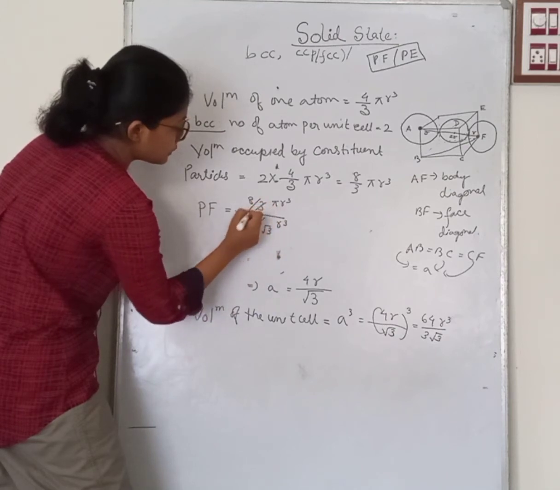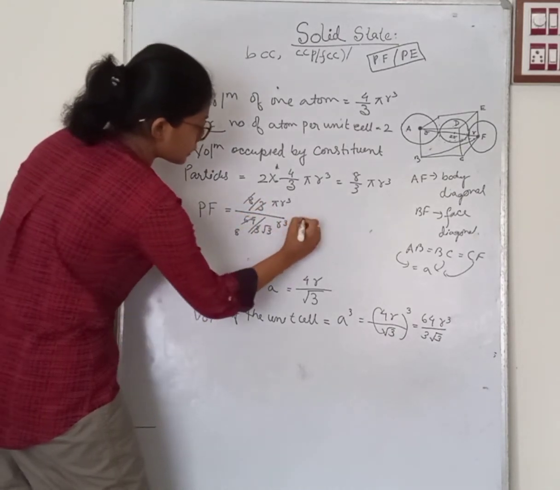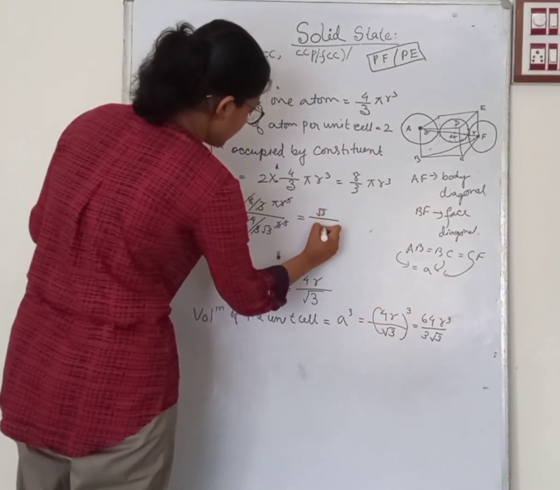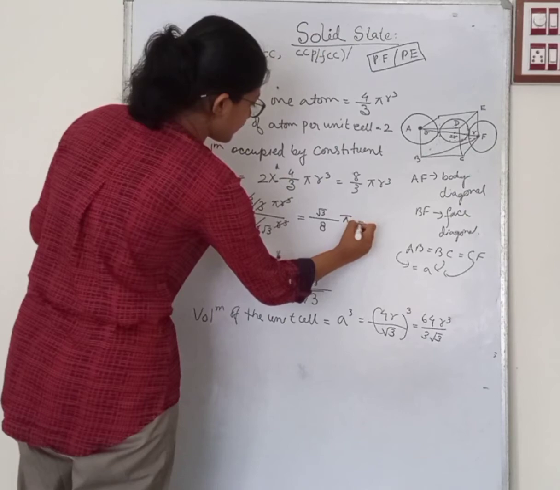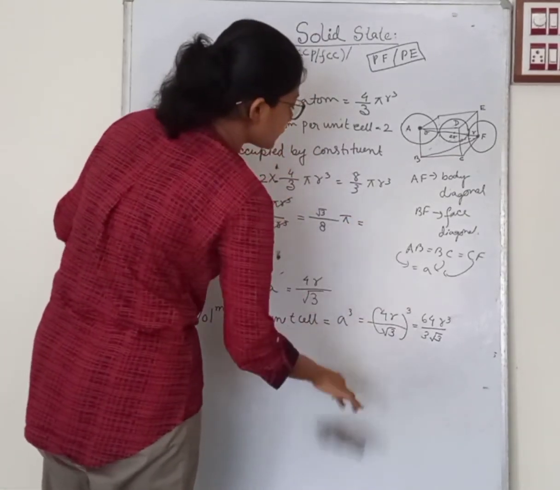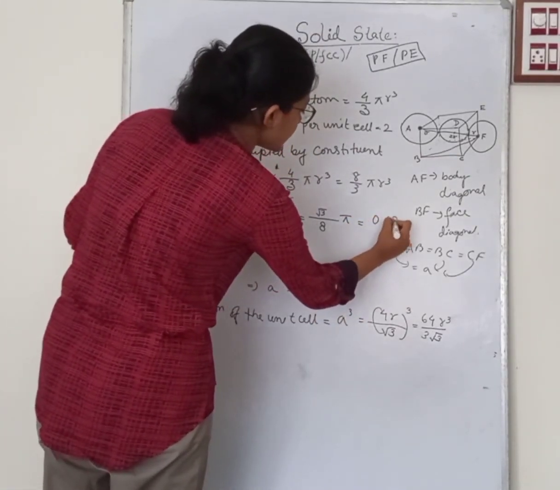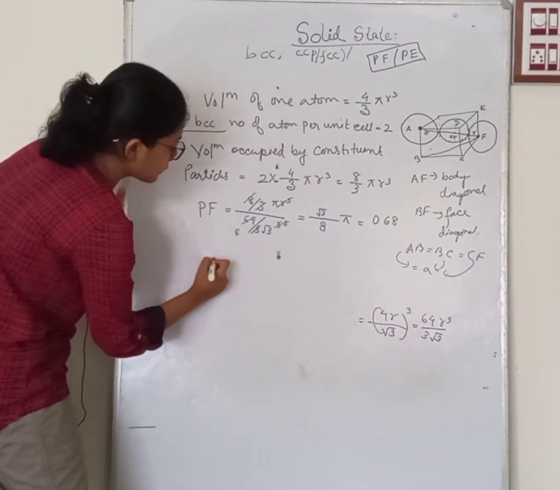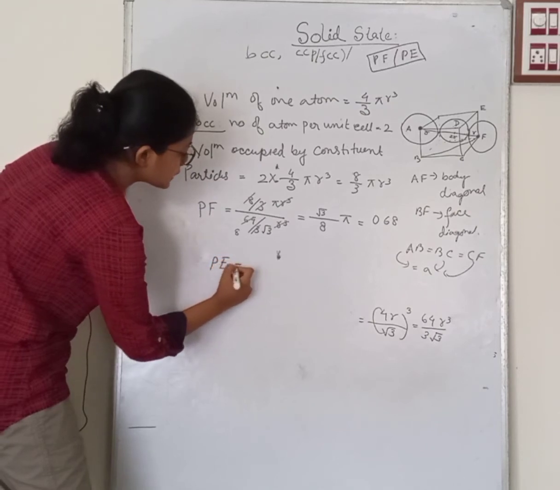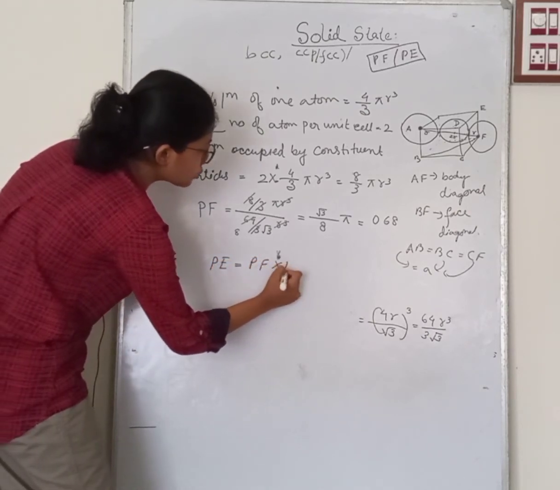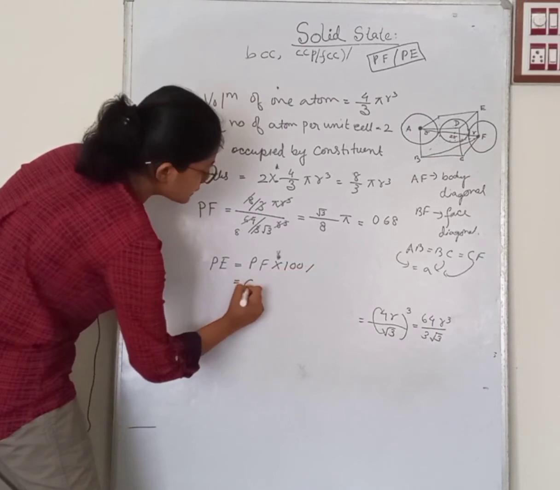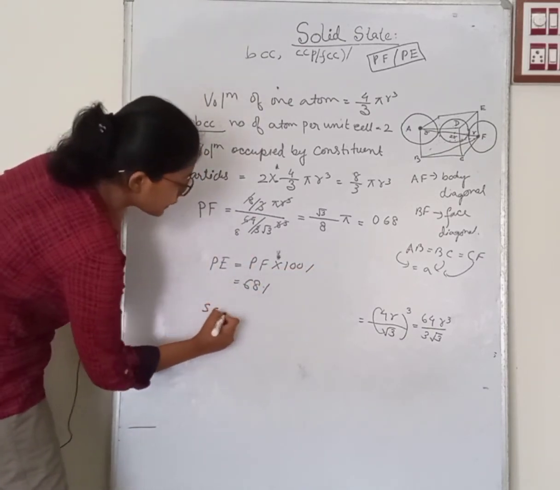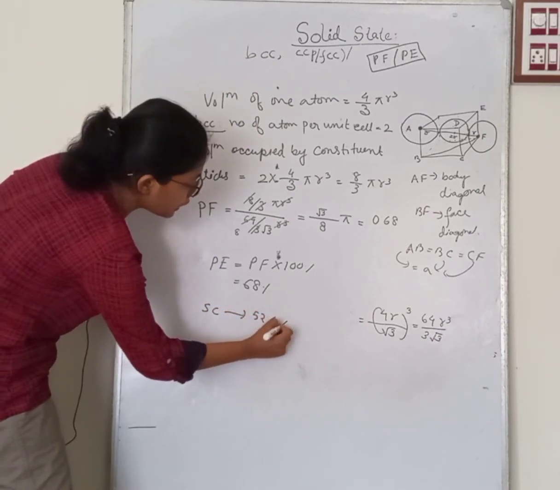So here 3 will be cancelled, and we get root 3 pi by 8, which is equal to about 0.68. Therefore, packing efficiency is equal to packing fraction into 100%, which is 68%. So we know that for simple cubic it was 52.4%.